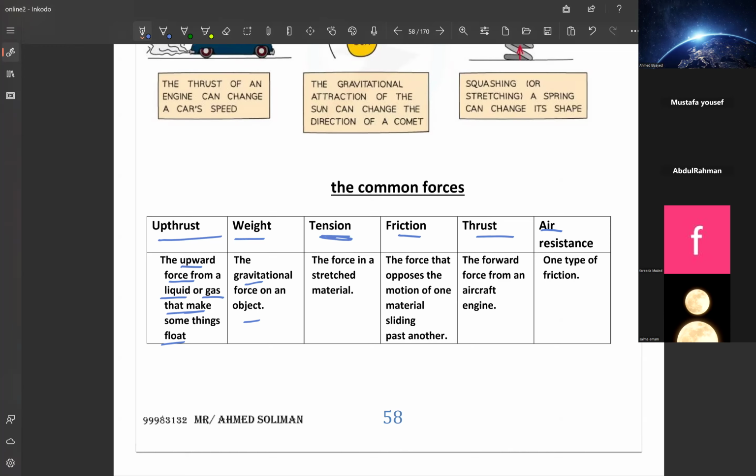Tension is a force that affects any object stretched or compressed. Finally, friction, we said friction is the force opposite to the motion direction. Thrust is the forward force from the engine of a car or aircraft engine like this. Finally, air resistance is a type of friction. So any question in this part? All good.